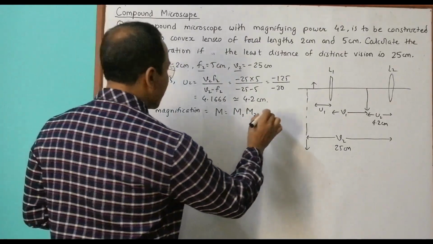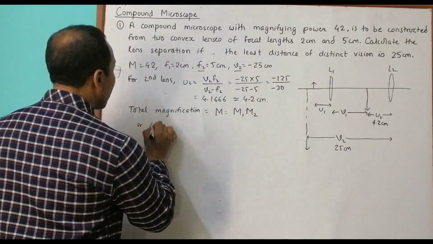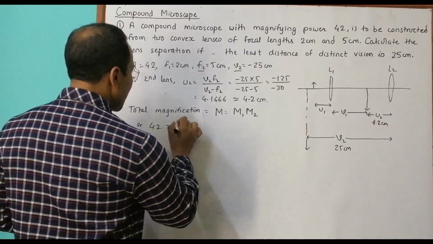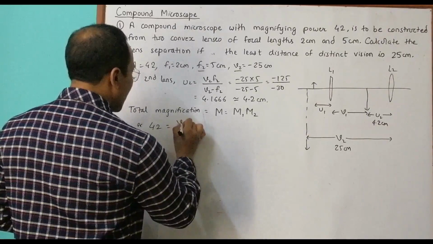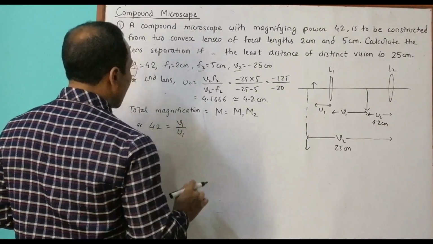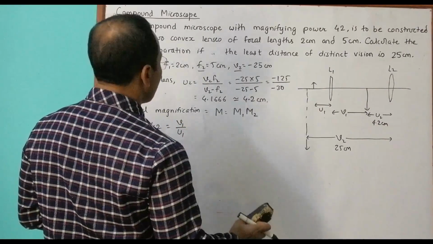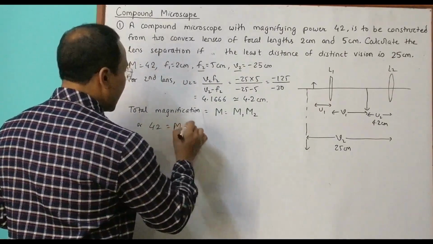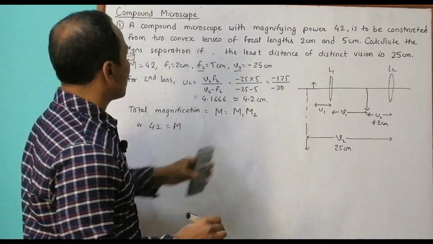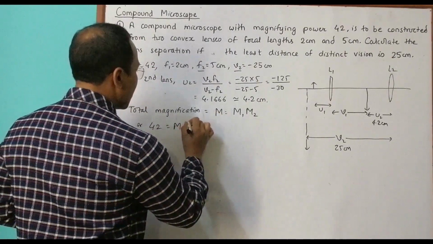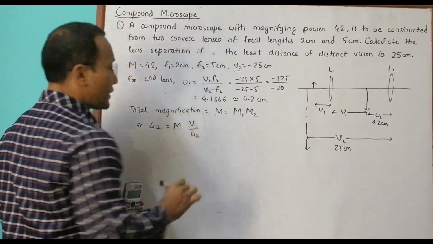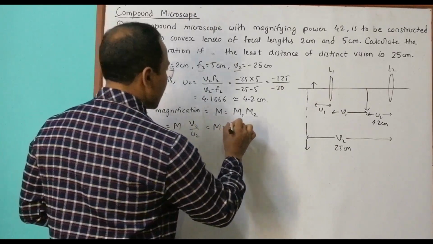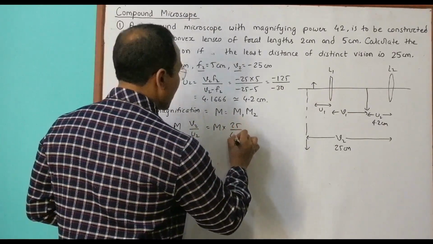So 42 is equal to m1 into m2, where m1 is v1 by u1 and m2 is equal to v2 by u2, which is 25 divided by 4.2.